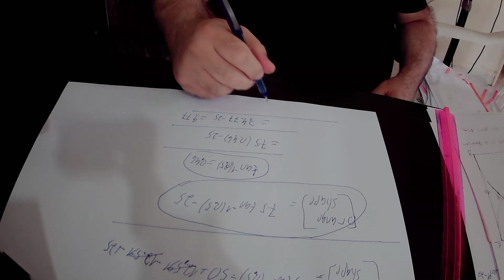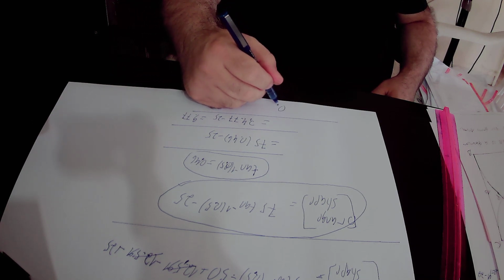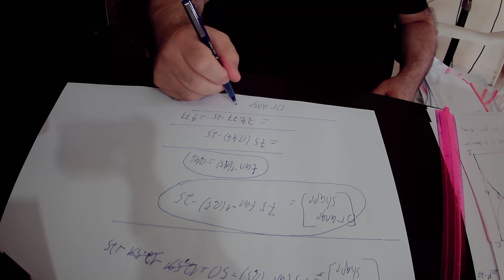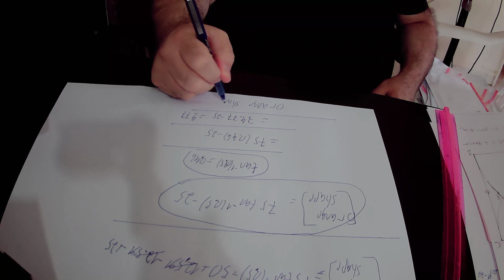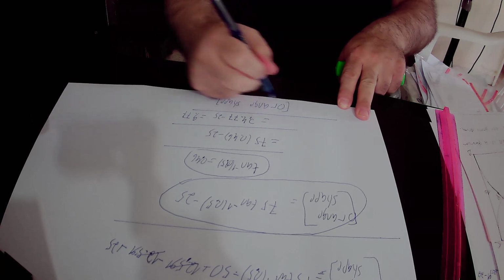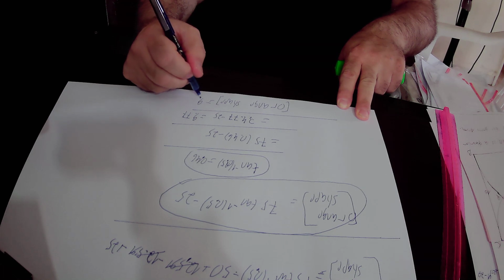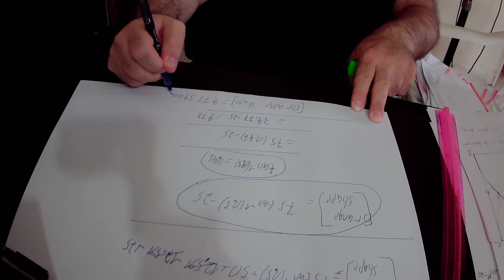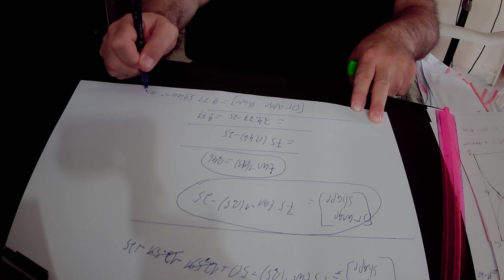So in conclusion, I found out that the area of the orange shape equals 9.77 square units.